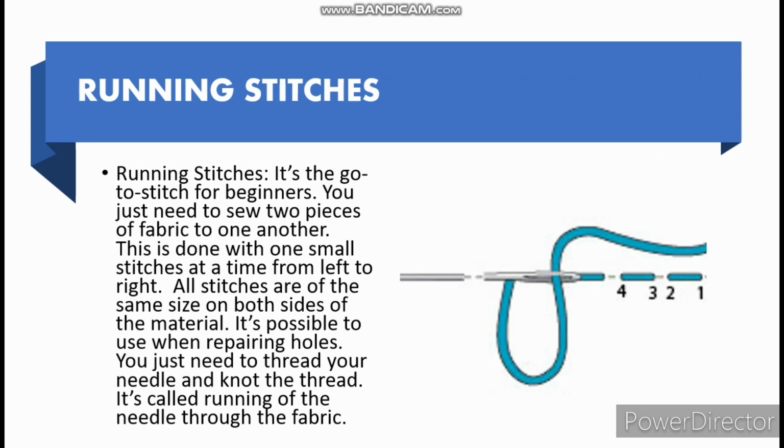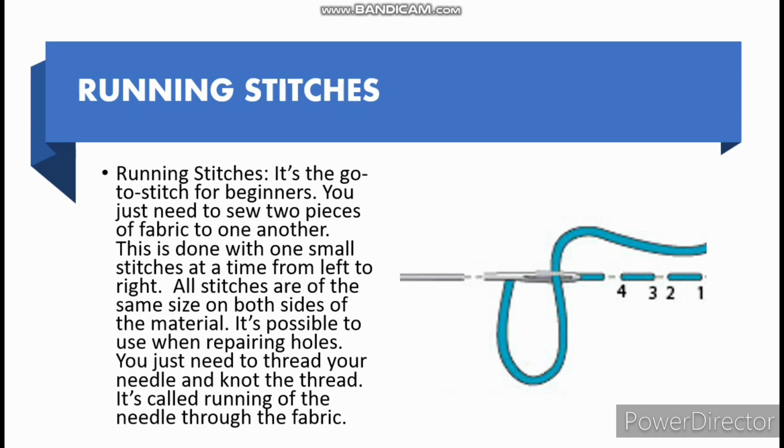You just need to sew two pieces of fabric to one another. That is, get a fabric, thread your needle, and just join them together, as you can see from the diagram there. This is done with one small stitch at a time, from left to right.